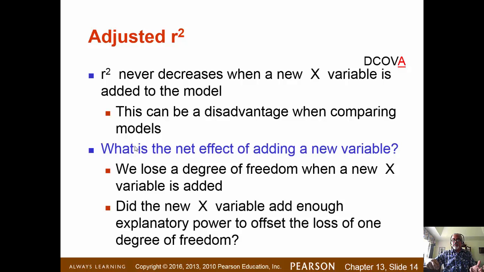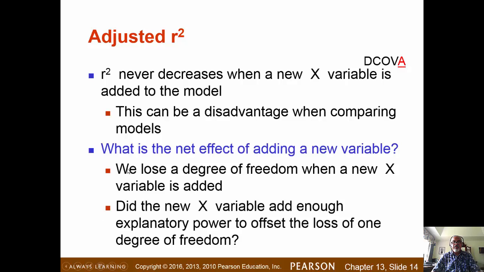But if the new variable significantly reduces the numerator, the sum of squares of error, because it makes a significant contribution to reducing the variance of y, then the numerator will go down sufficiently to more than offset the loss of the degrees of freedom. So MSE will go down.